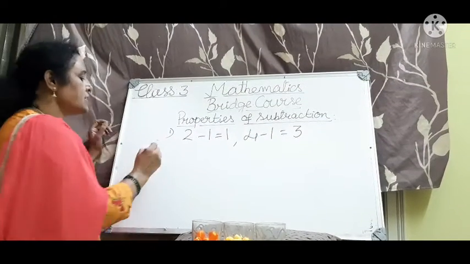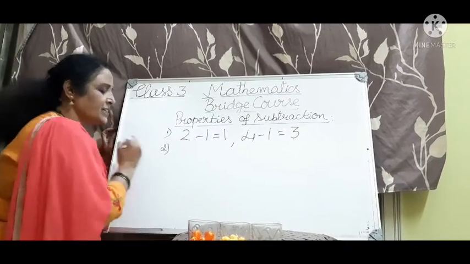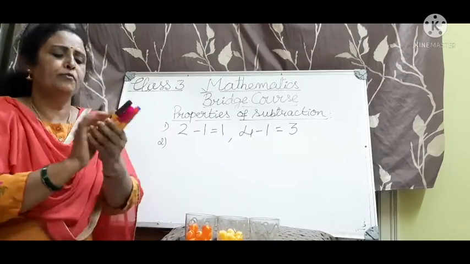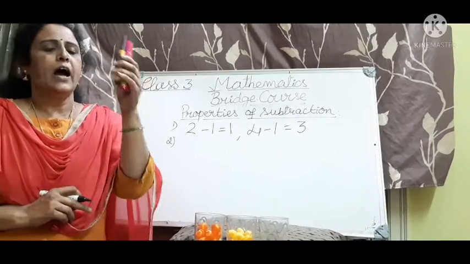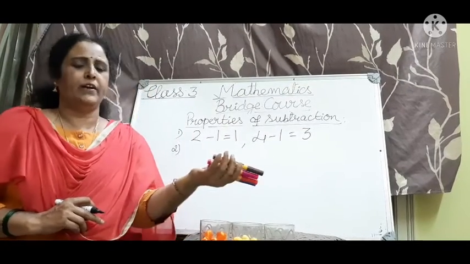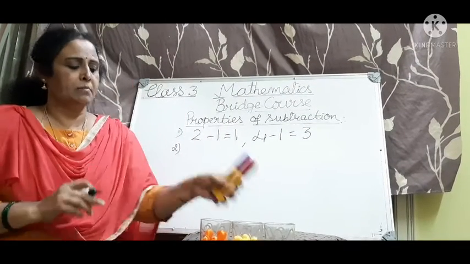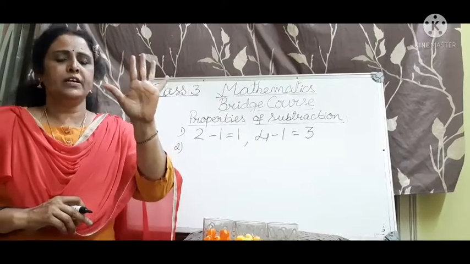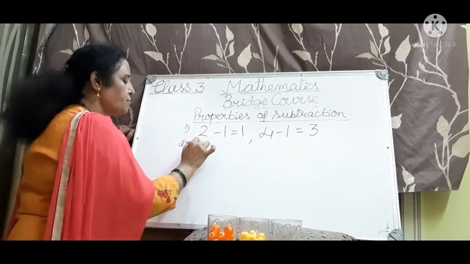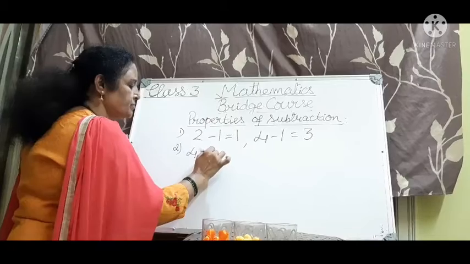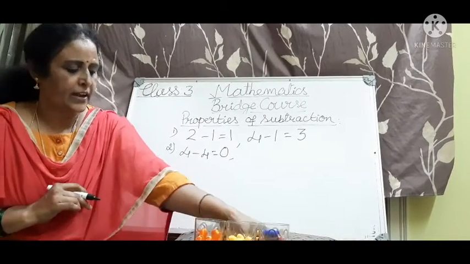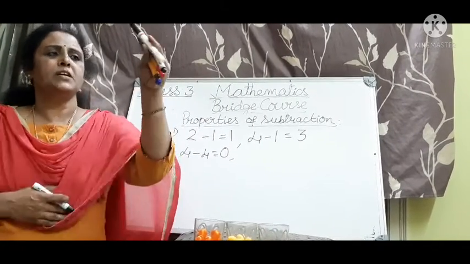Now, we will see the second property. I have 4 pens. I will give these 4 pens to my friend. Then how many pens are remaining with me now? No pens in my hand. Then 0. That means 4 minus 4 equals 0. Next, I have 6 pens with me.